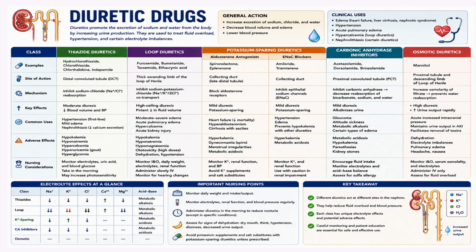So diuretics increase the excretion of sodium and water and are commonly used to treat hypertension, edema, heart failure, and certain kidney disorders. Loop diuretics, such as furosemide, Lasix, are the most potent and act in the loop of Henle. Thiazide diuretics are often used for hypertension.